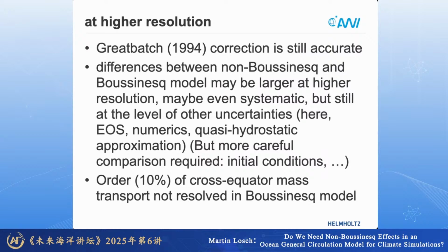The elliptic solver that solves for the sea surface height or the bottom pressure in one or the other case is identical. I think even the number of iterations that it needs to converge are very similar. So there is hardly any difference in the time to solution between the Z model and the P model. And this alone would be my argument for saying use non-Boussinesq models, because they're not more expensive, so there's no reason not to do this anymore.